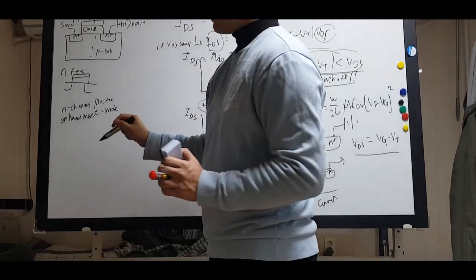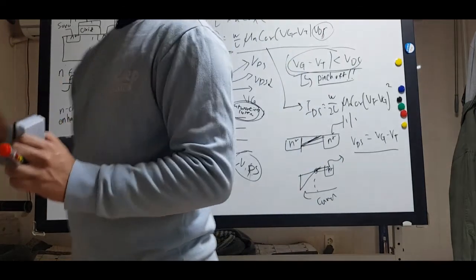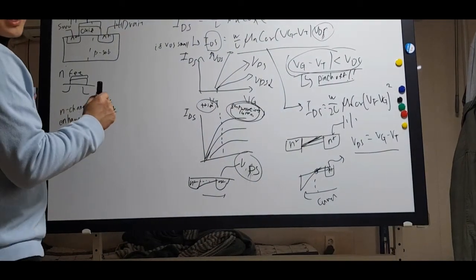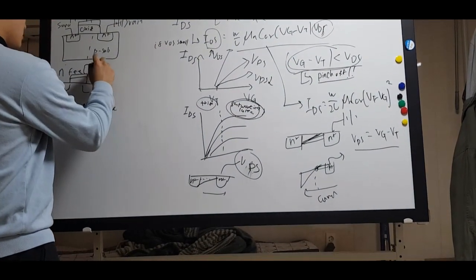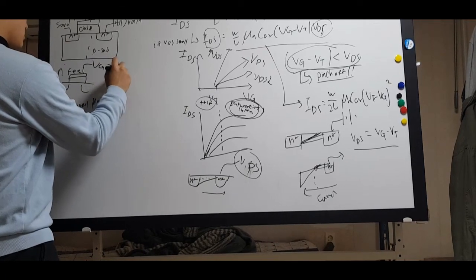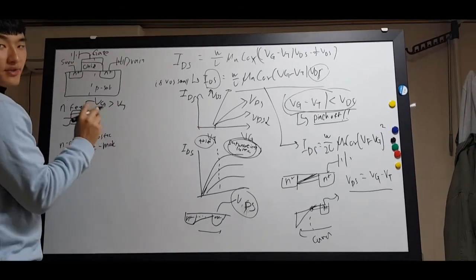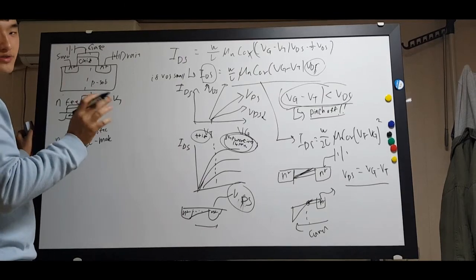It means if you don't induce a gate voltage that exceeds the threshold voltage, it will not make any channel.